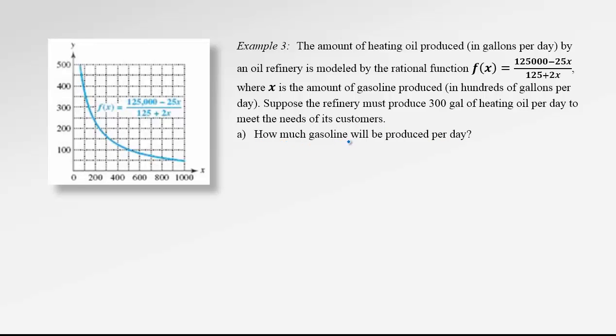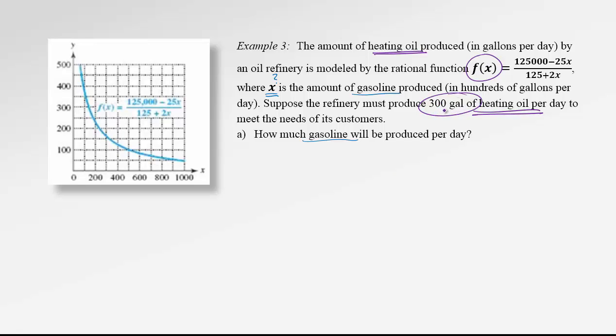So this question asks us about gasoline, and gasoline produced is marked by x. So we really need to find the value of x, knowing that the refinery must produce 300 gallons of heating oil per day, and the heating oil is represented by f of x.